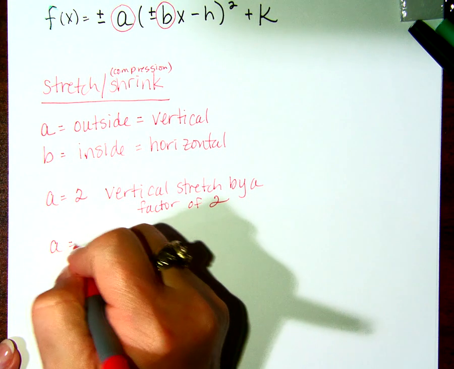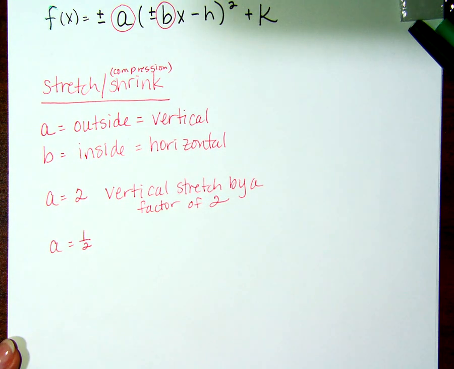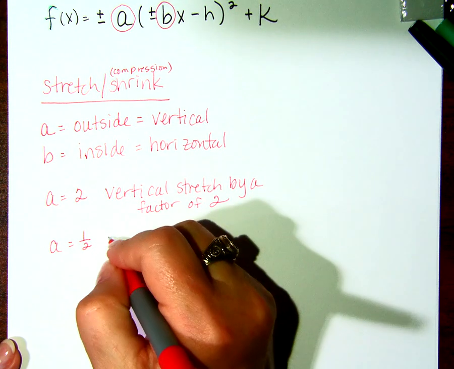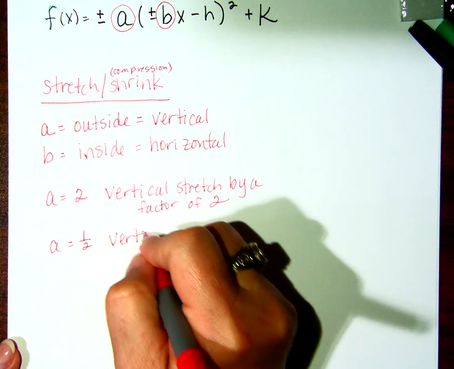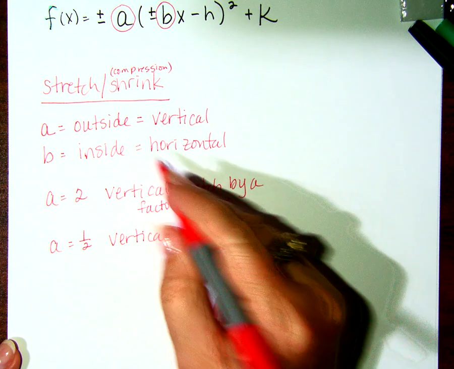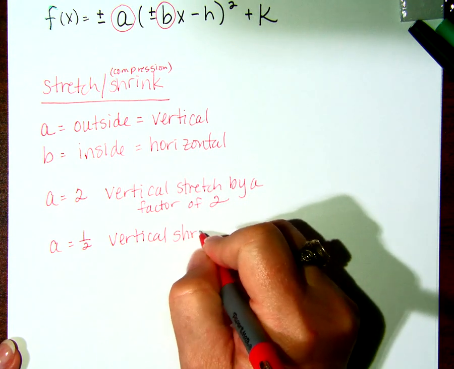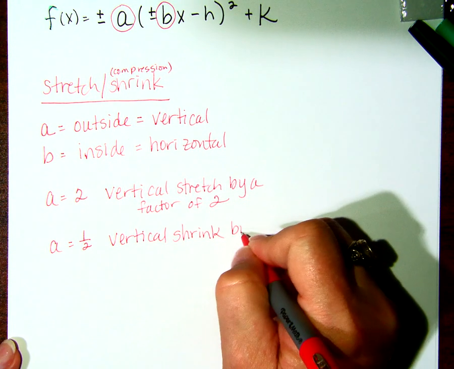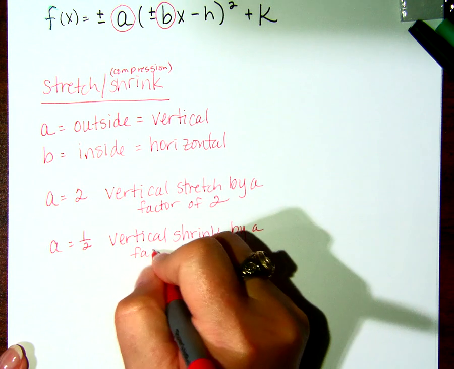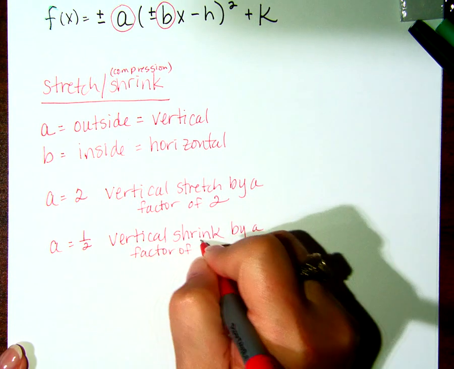What if A is 1/2? Vertical. Yes, because it's outside. Shrink by a factor of 1/2.